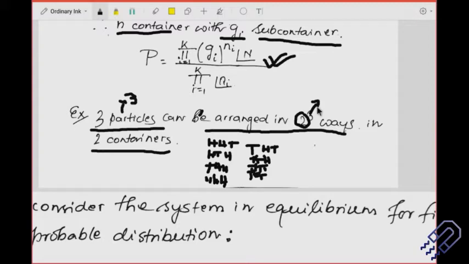Similarly, in a similar way, we can say that the particles can be arranged in Gi to the power Ni ways. So Gi is the number of possible outputs that we can have, that means the number of possible subcontainers in this case, and Ni is nothing but the total number of molecules that we have.